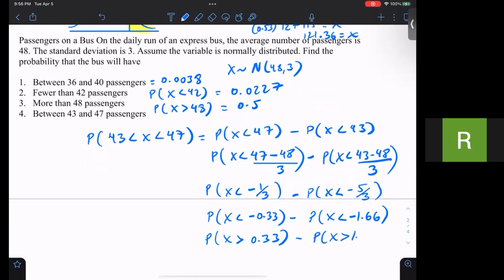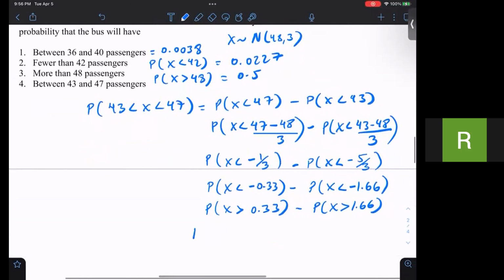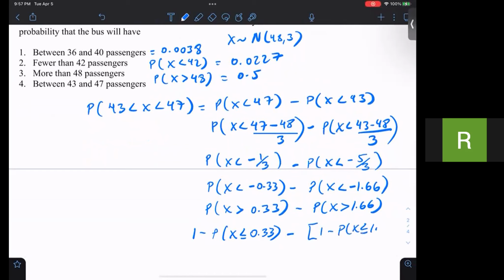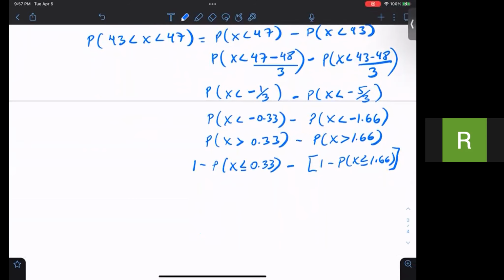And then 1 minus, yes, and then here the same, 1 minus. Okay, 0.33. What is 0.33?